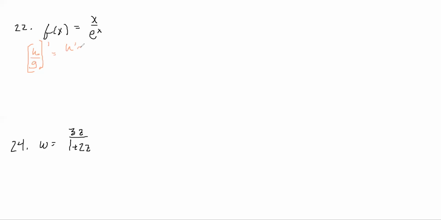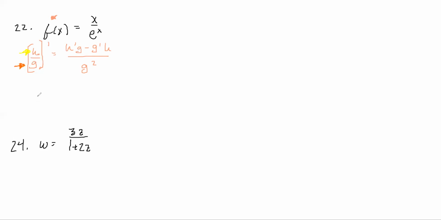Yes. So h prime g minus g prime h over g squared. In this case, it's very important, like in the book they have it written as f and g, but I have an f right there, so I didn't want to repeat the f in case that got confusing. But in this case, there is an h and it is on top, and there is a g and it is on bottom.